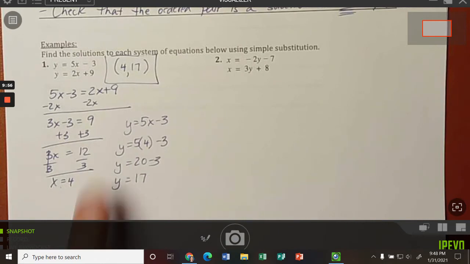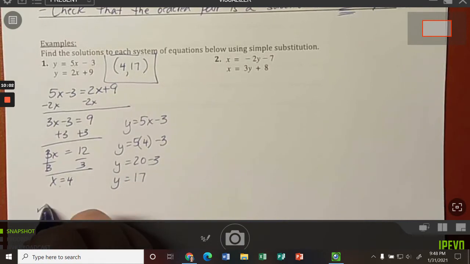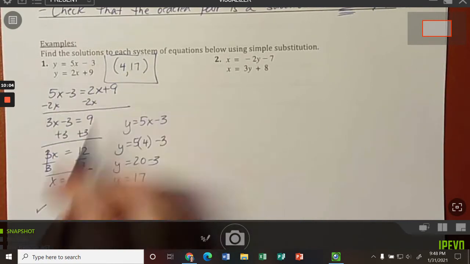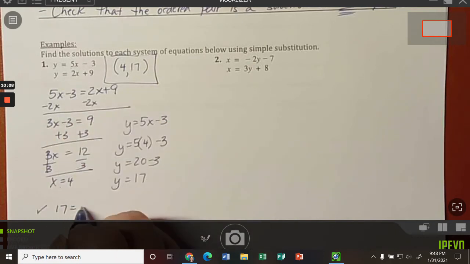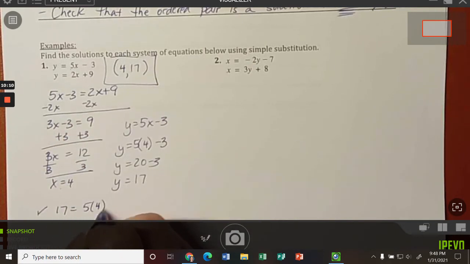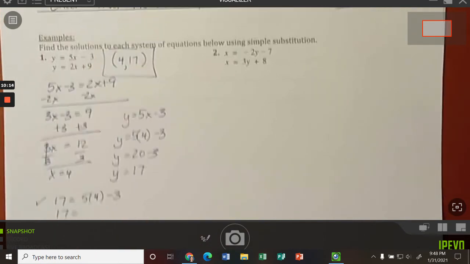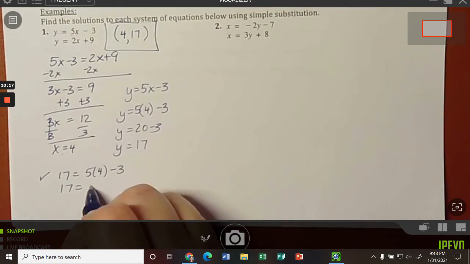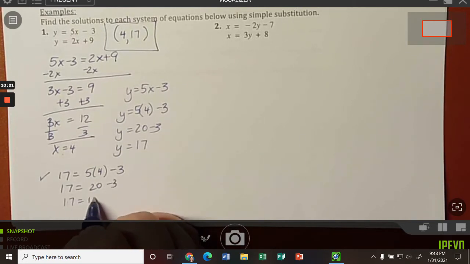Okay, and then let's just do a quick check step. Because we just did all this work, we want to make sure we have the correct answer. So instead of y equals, we'll say 17 equals. Instead of 5 times x, we'll say 5 times 4. And then minus 3, so 17 equals 20 minus 3, 17 equals 17.